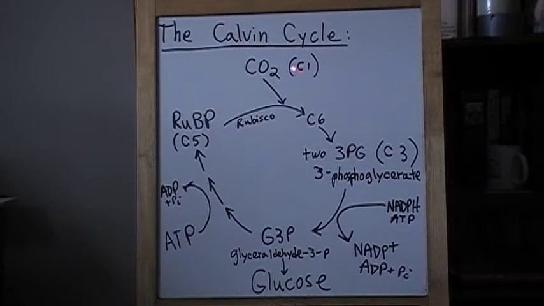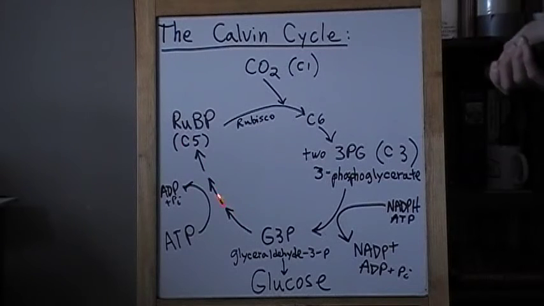Well, it takes several turns of this cycle to regenerate the ribulose bisphosphate. What's actually occurring is 5 of the glyceraldehyde 3-phosphate are combining to form 3 ribulose bisphosphates, so 15 carbons.